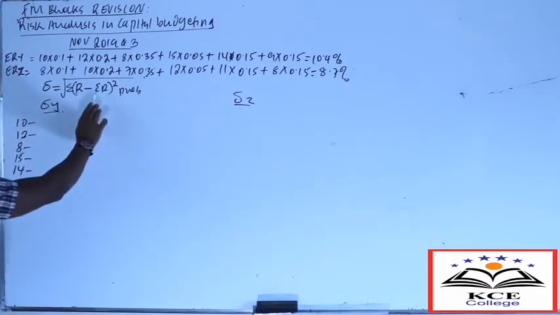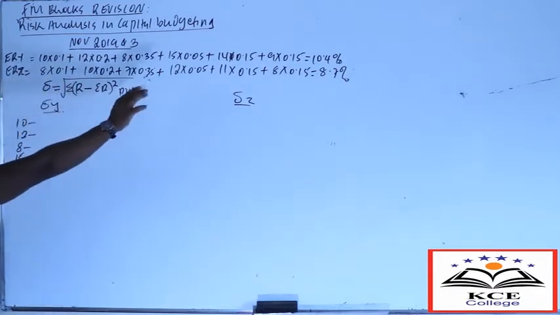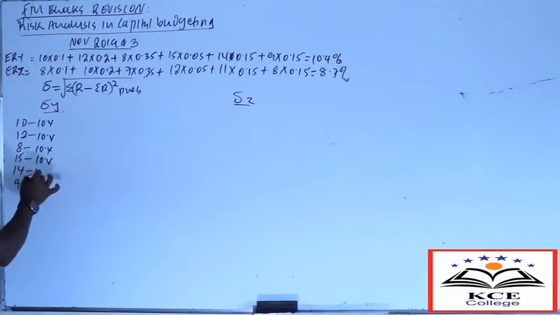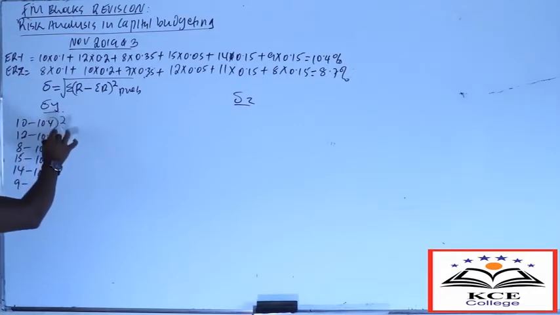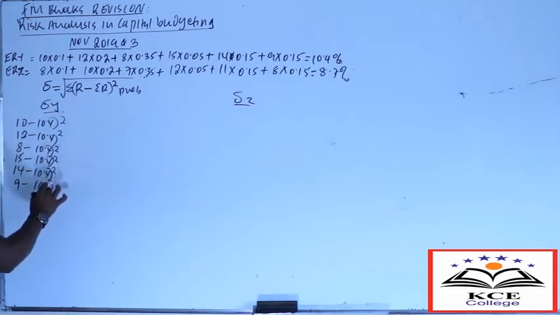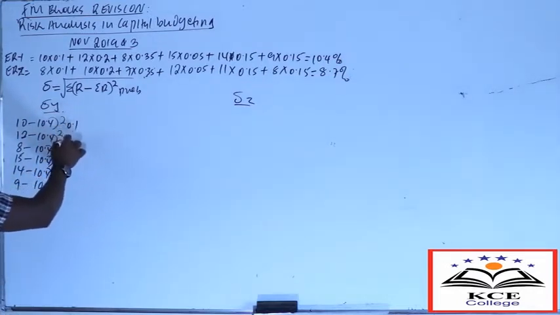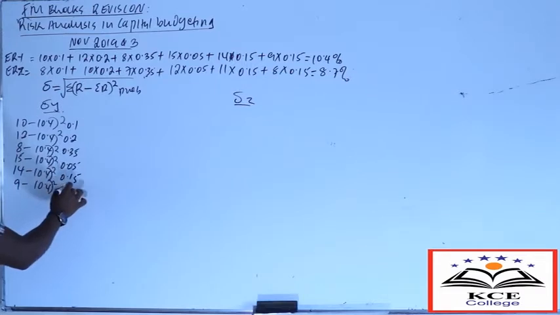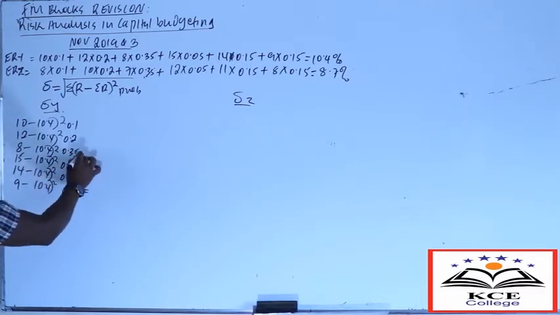You deduct the expected return of Y, which was 10.4. Then you square, and multiply by the probabilities 0.1, 0.2, 0.35, 0.05, 0.15, 0.15.